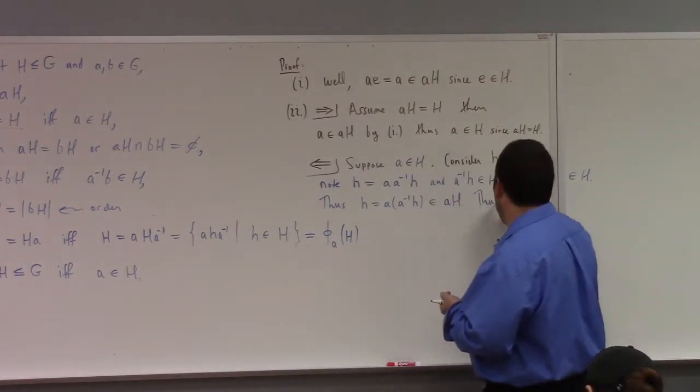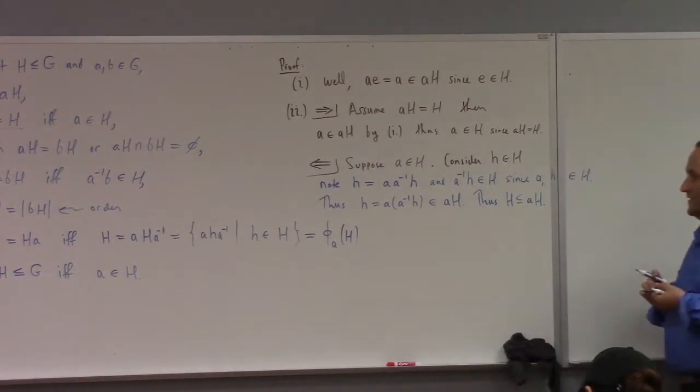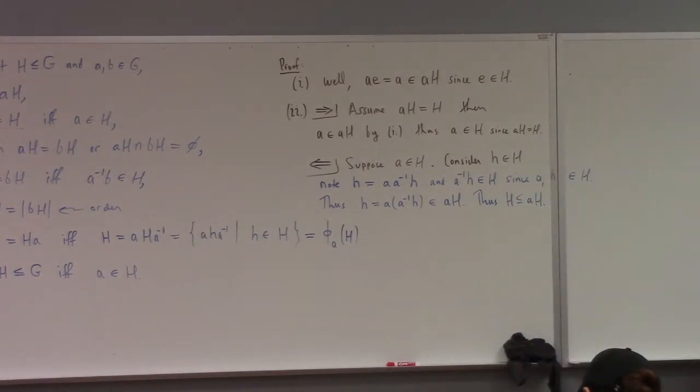Thus, H is a subset of aH, because I just picked an arbitrary element h in H and I've shown that it's also in aH. It was crucial that a was in the subgroup. Otherwise, I couldn't have argued that a inverse times h was in the subgroup.